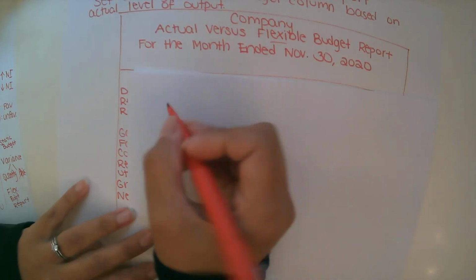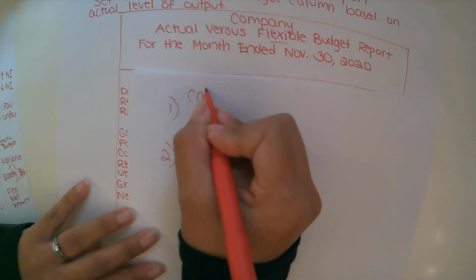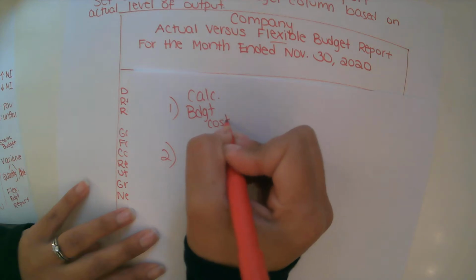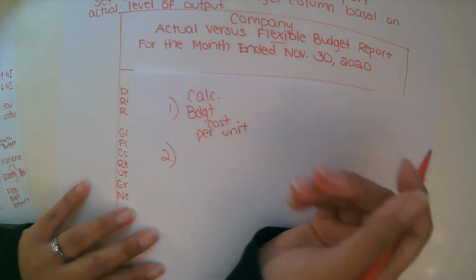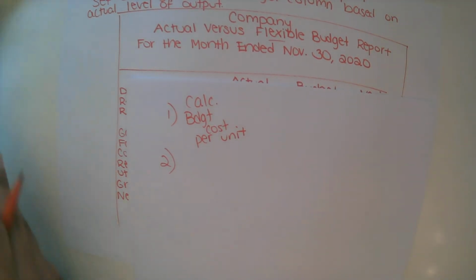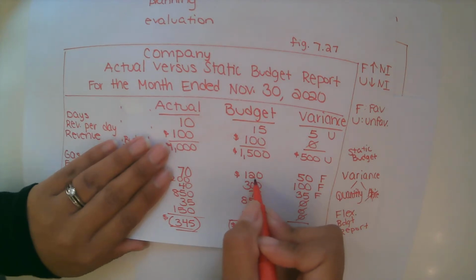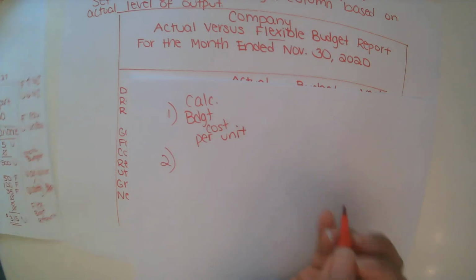Remember when we were preparing the flexible budget, I gave you some steps. I said first calculate the budgeted cost per unit. You're lucky in this example we have the budgeted cost per unit, so we don't really have to do that. But let's say we didn't and we needed to find out what the per unit was. You would take, for example, for gas, 120 divided by the budgeted quantity.